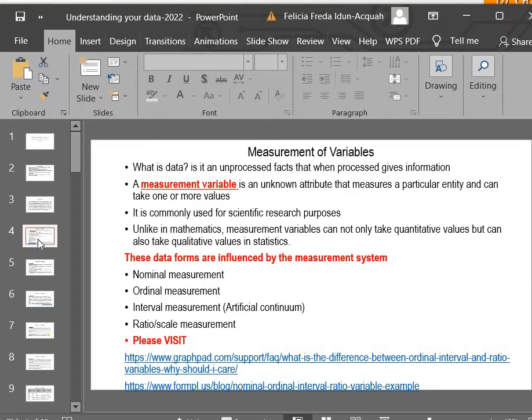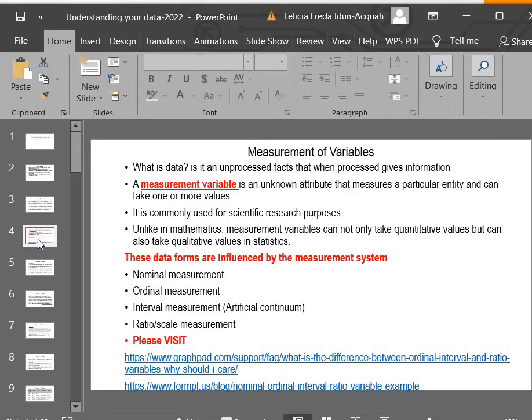So a measurement variable is an unknown attribute that measures a particular entity and can take on one or more values. And it is used for scientific research purposes. Sometimes too, variables may take on both qualitative as well as quantitative values in statistics.